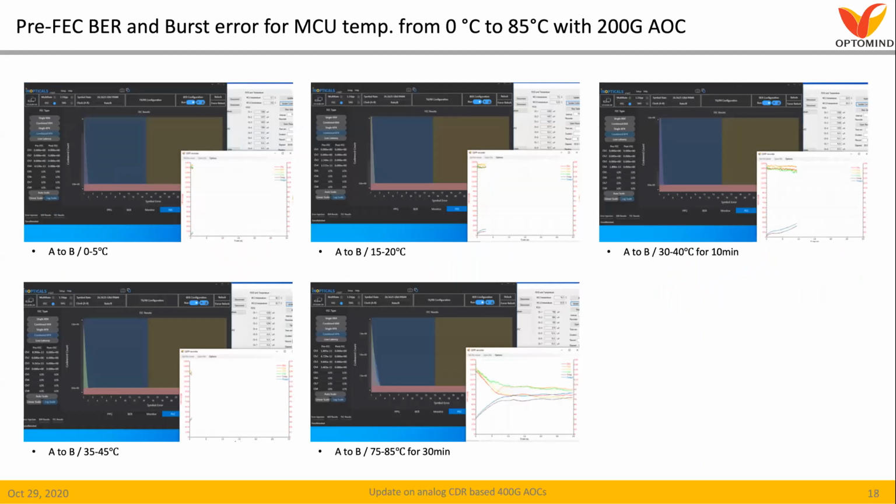We measured pre-FEC BR and burst error for MCU temperature from 0 to 85 degrees C with 200G QSFP AOC. There was no significant degradation of pre-FEC BR and burst error count during the measurement.